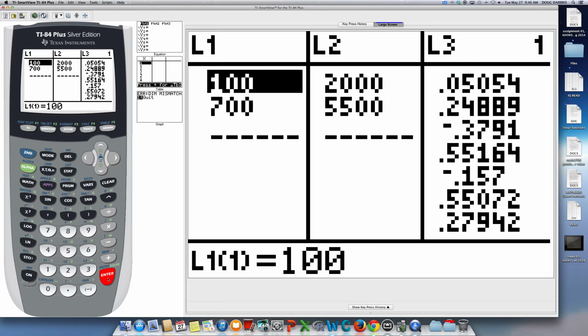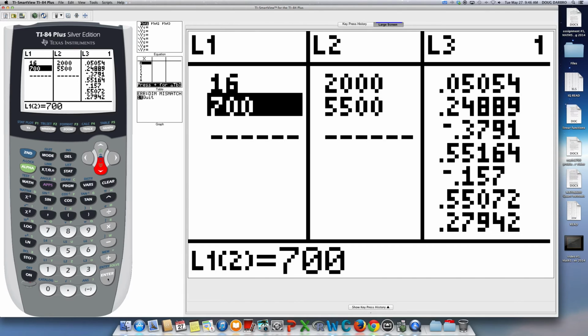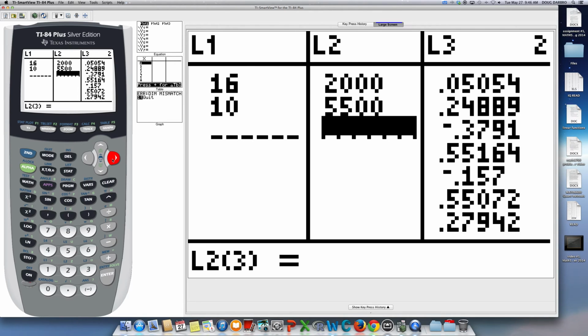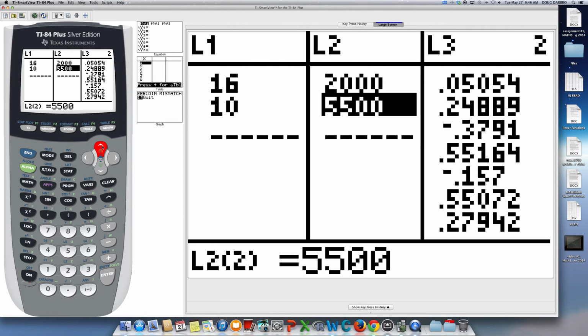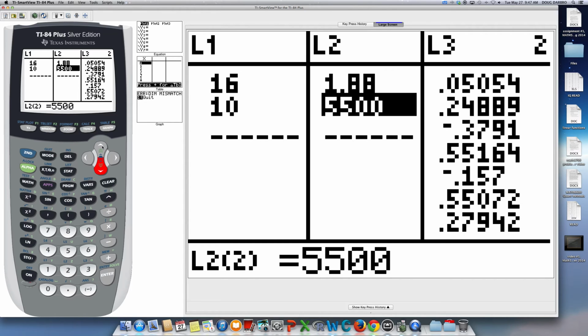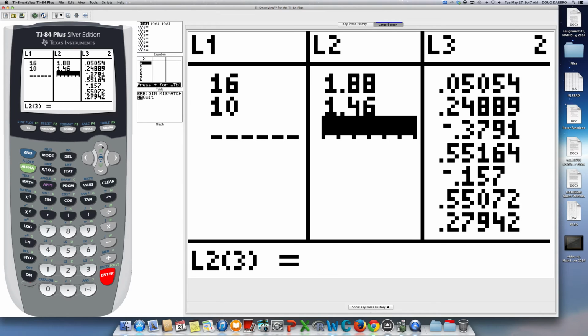And for the supply, I have 16 and 10. And I have 1.88 and 1.46. Okay, so just like we had on the blackboard.